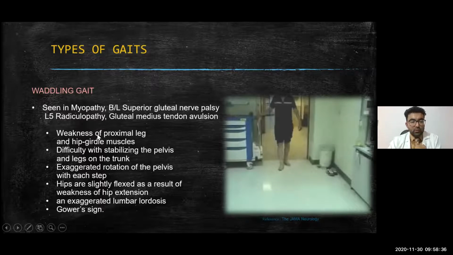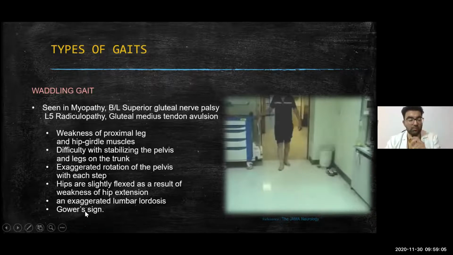Over here, you have a weakness of the proximal leg and hip girdle muscles. The patient will have difficulty stabilizing the pelvis and legs on the trunk. There will be exaggerated rotation of the pelvis with each step. Hips are slightly flexed as a result of weakness of hip extension, and exaggerated lumbar lordosis will also be there.